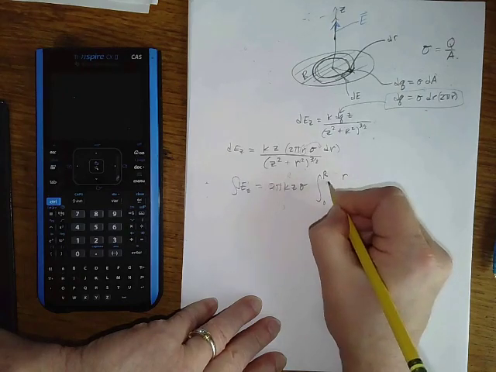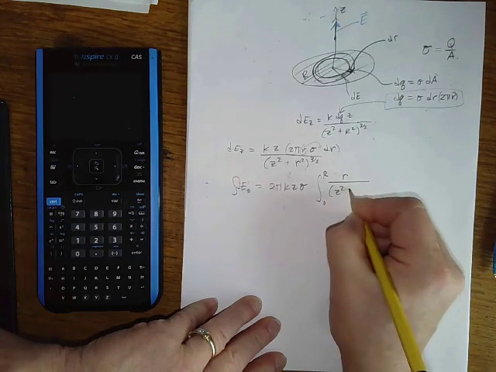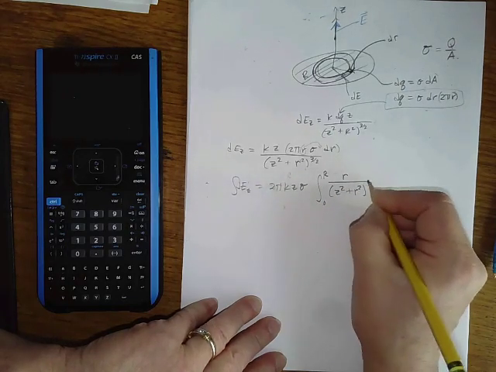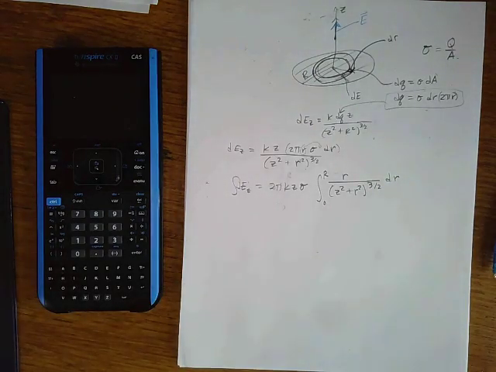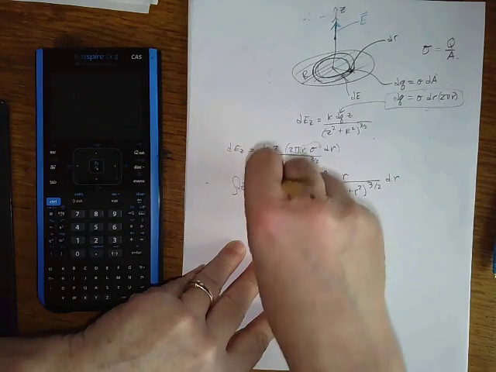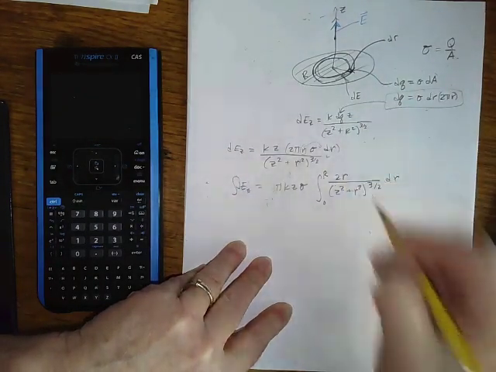We have an r on the top, and we have a z squared plus r squared to the 3 halves power. Of course, our dr is still left. And just because of the way we're going to integrate, let's keep the 2 inside.